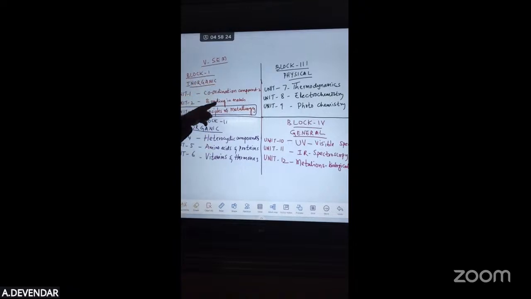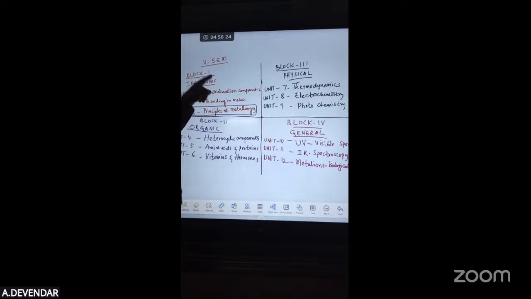One short. Bonding methods also only a short answer, sometimes a long answer: explain the valence bond theory, molecular orbital theory. But the principle of metallurgy is very important, compulsory, one short and one essay type question. Means 15 marks from this only.